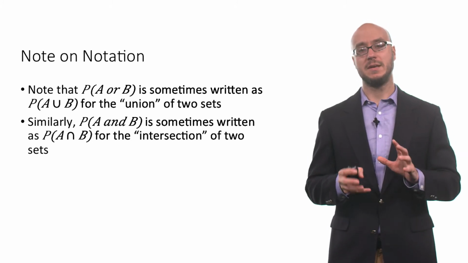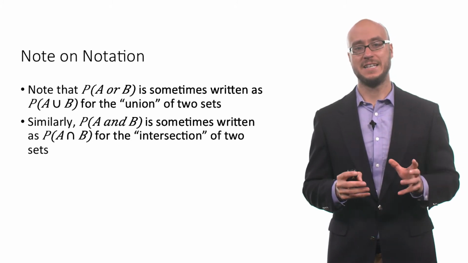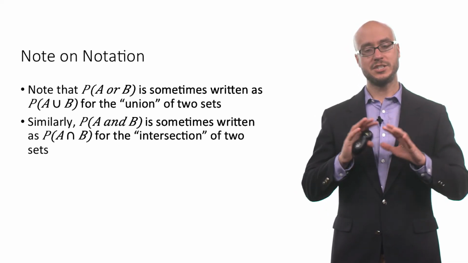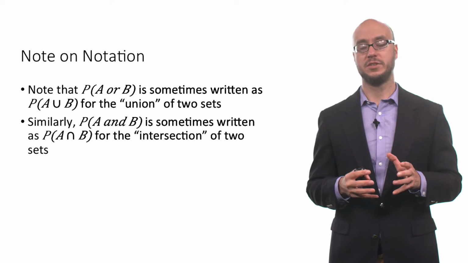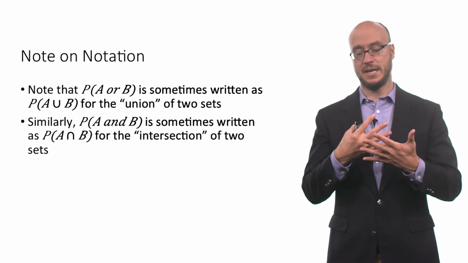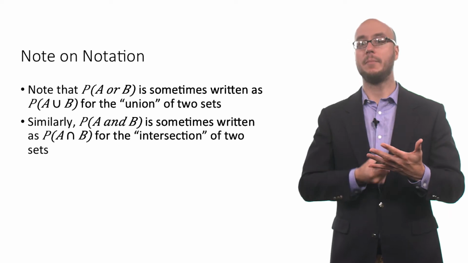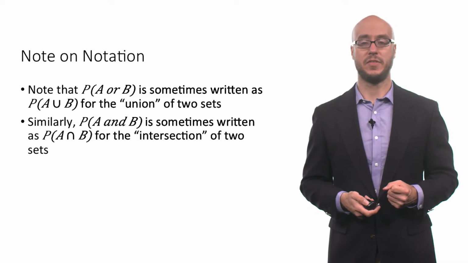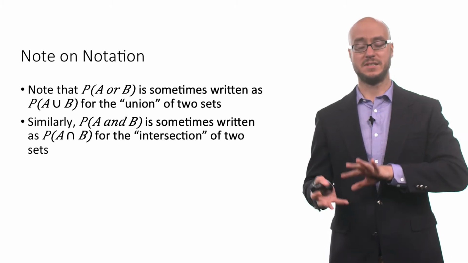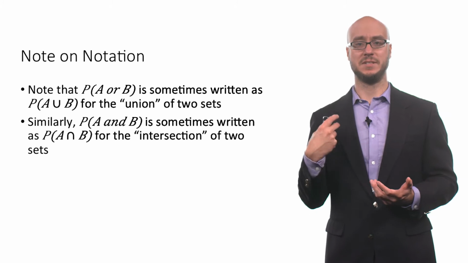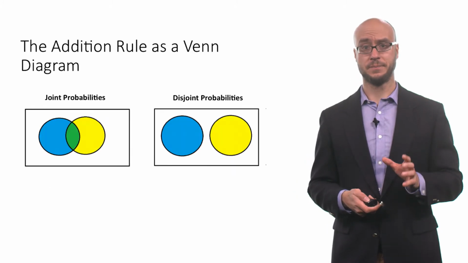You might also see the probability of A and B written using this little horseshoe. That just refers to the intersection of two sets. If you have a Venn diagram, that intersection is just the overlap area. It comes from the language of set theory and means the same thing. So probability of A or B is the same as the union of two sets. The probability of A and B is the same as the intersection of two sets.